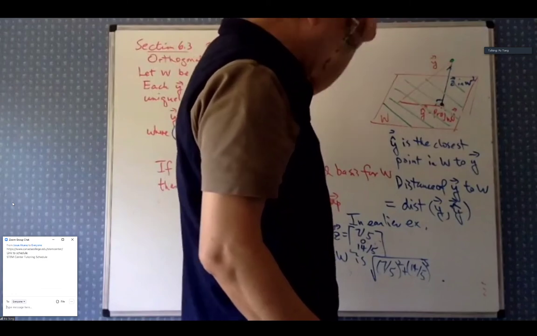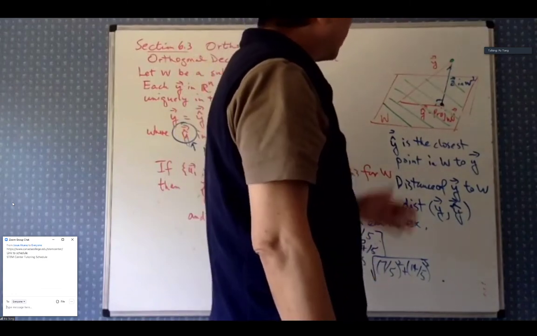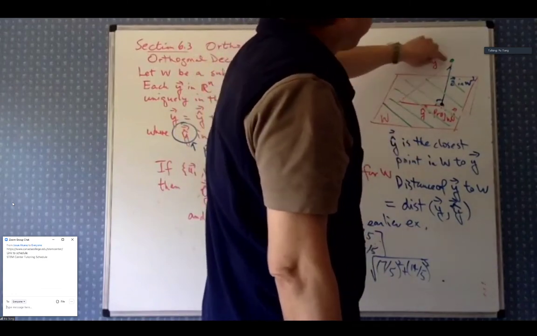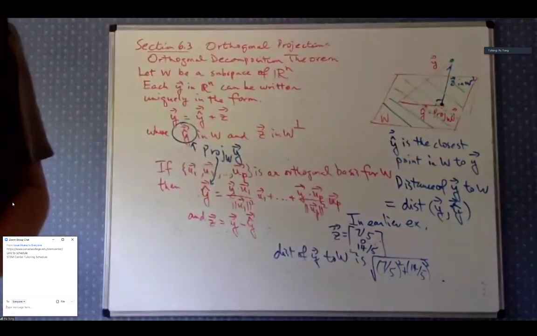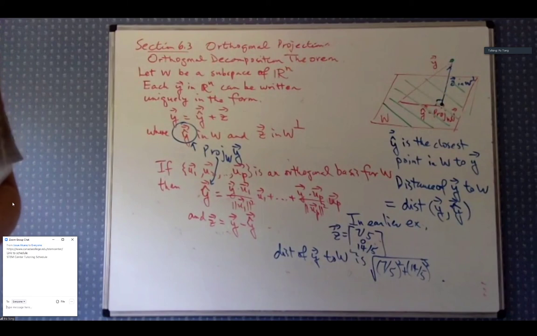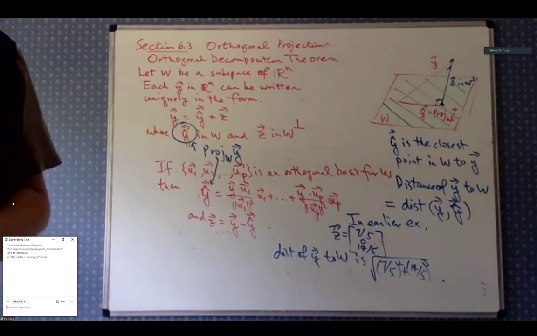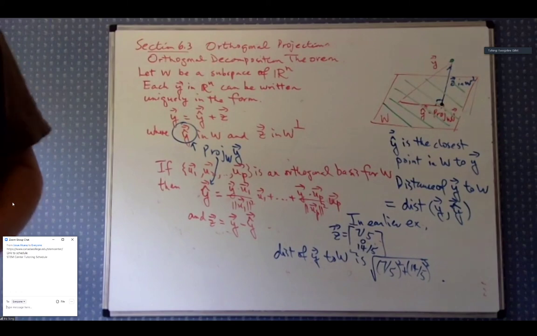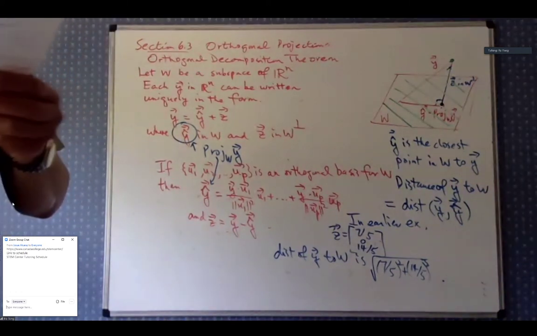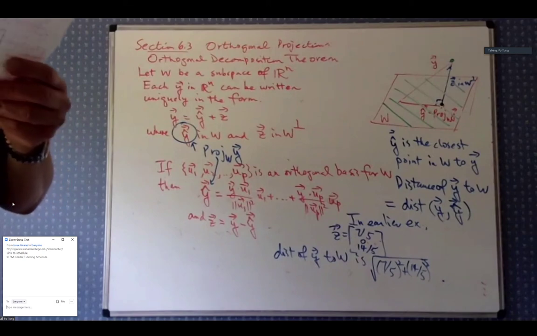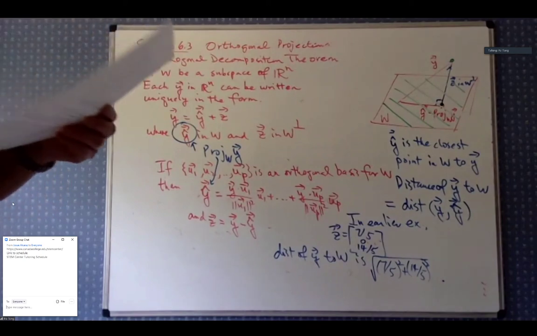It's actually the closest, the distance from this to the closest point in the subspace. Do you guys get what we are trying to say there? Yes. Okay, good. I'm going to do one more example on this.